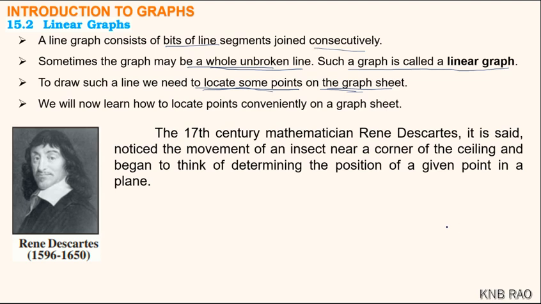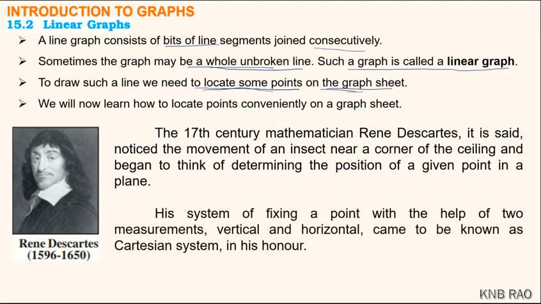in a plane. His system of fixing a point with the help of two measurements, that is vertical and horizontal, came to be known as Cartesian, in honor of Descartes.